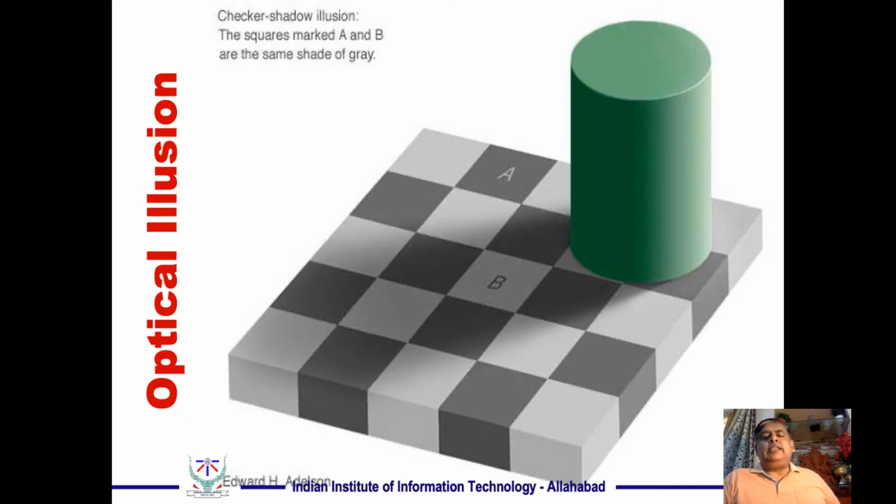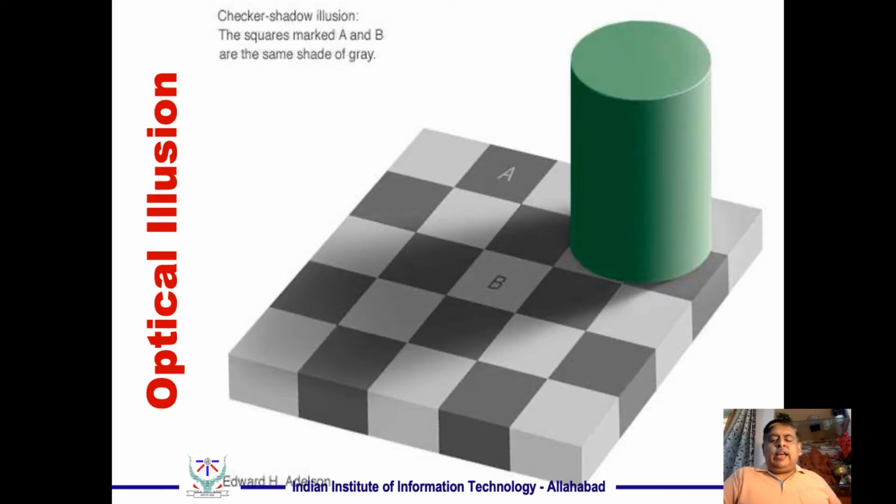But what you see is that an optical illusion can be created by looking at a black square in light and a white square in shadow. And both could actually be of the same color. Let us concentrate on these two squares. The square A, which is a black square, is illuminated, while the square B is a white square which is in a shadow.